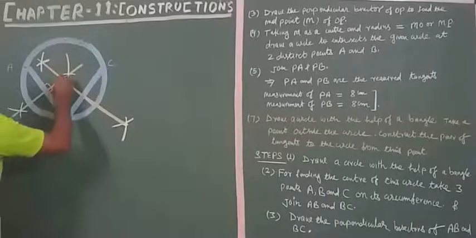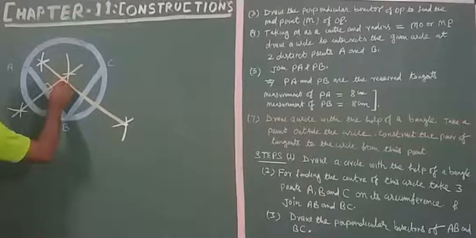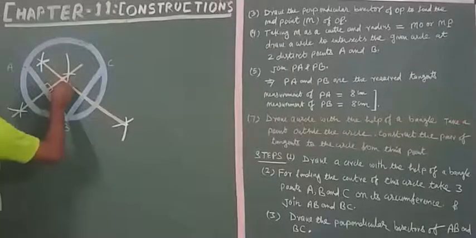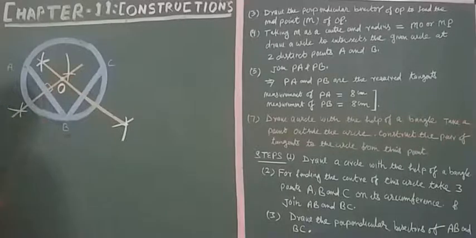They are intersecting at a point. Let this point be O. So this point O is the center of this circle.